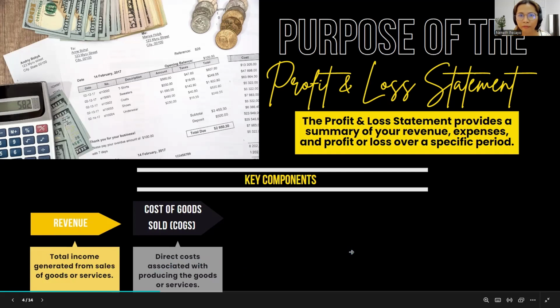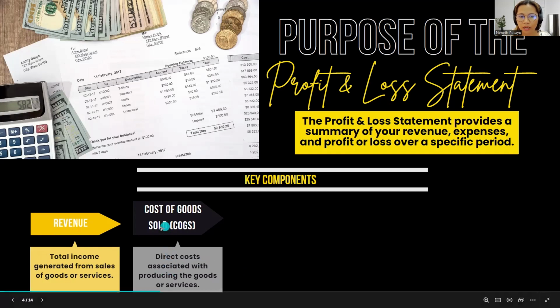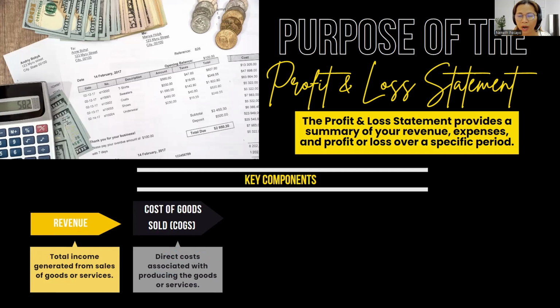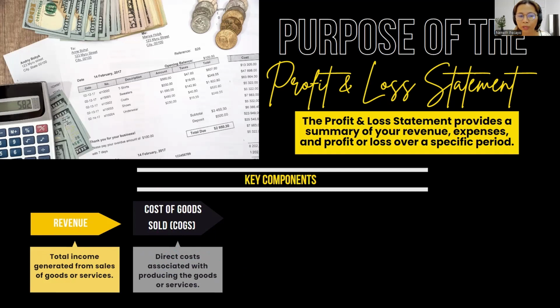If, for example, you sell one item of ball pen, the purchase cost, the cost that you incur to have this item, will be included in the cost of goods. That's called purchases, cost of purchase.